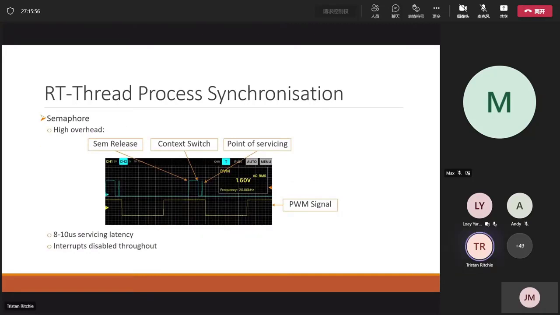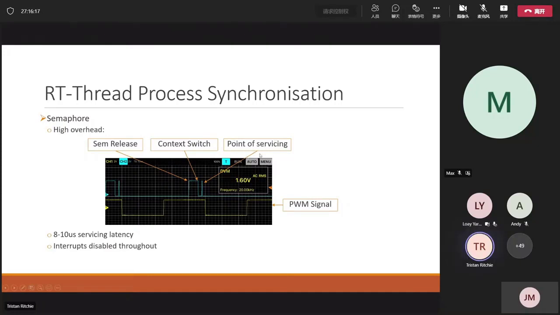Perhaps the most common thread synchronization mechanism is the semaphore. In this example, the semaphore is released at the point of interrupt, again on this rising edge, and then a context switch is immediately generated after some overhead.